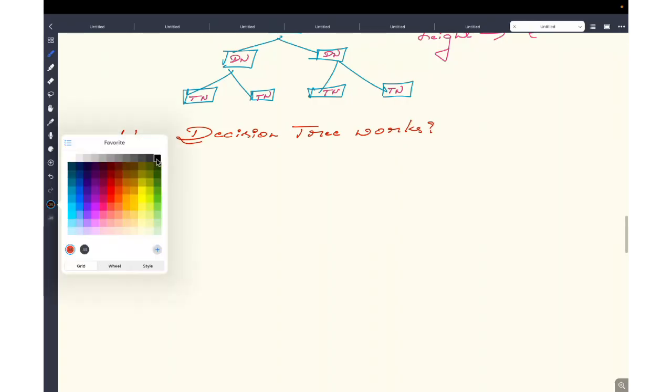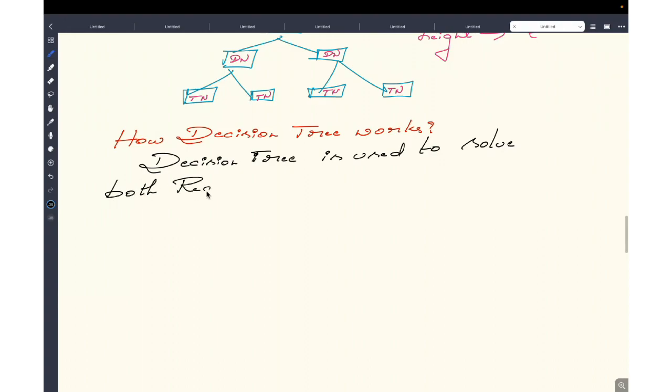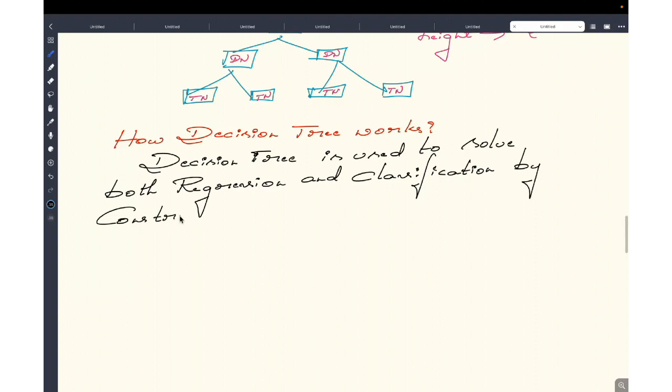We all know that a decision tree is used to solve both regression and classification problems by constructing a tree-like structure.